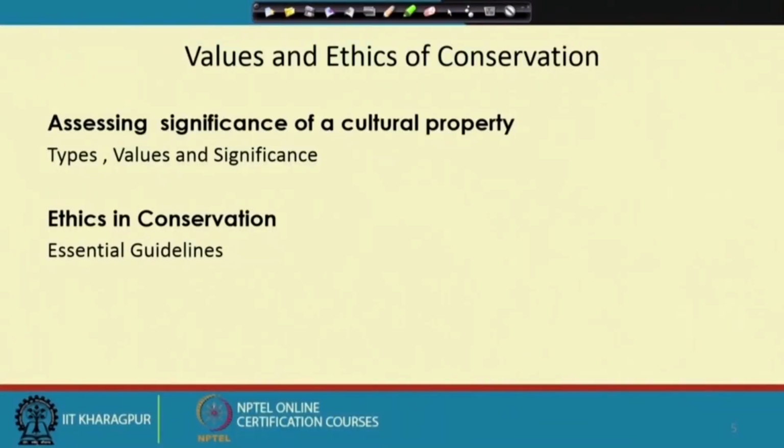Now, as I am talking about the various divergent approaches, what comes to your mind is who decides, what the rules are, and what sort of guide one has. There comes a basic question of ethics and assessing the significance.